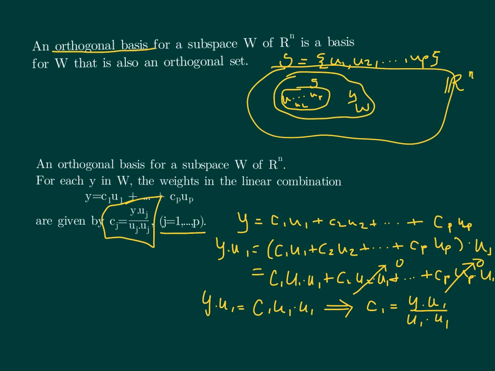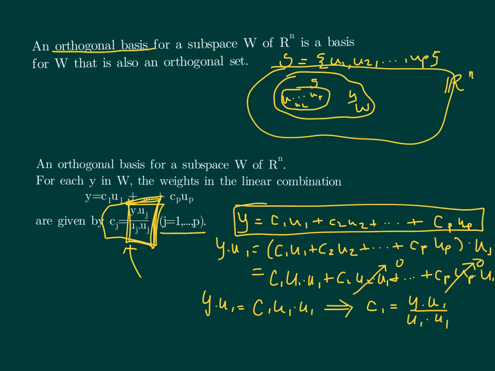Basically each y can be written as a linear combination of the basis elements, but when it's an orthogonal basis, we have a specific definition for those coefficients. So for an orthogonal basis, we know what those coefficients are going to be. It's a nice little orthogonal basis, which means we're able to determine our coordinate vector because we can find those coefficients.